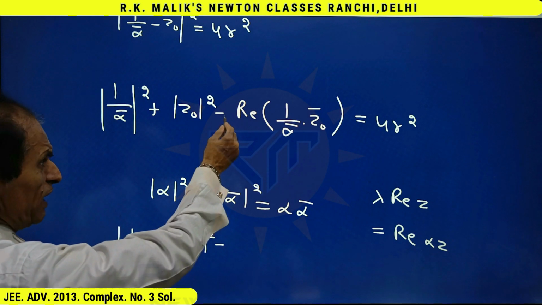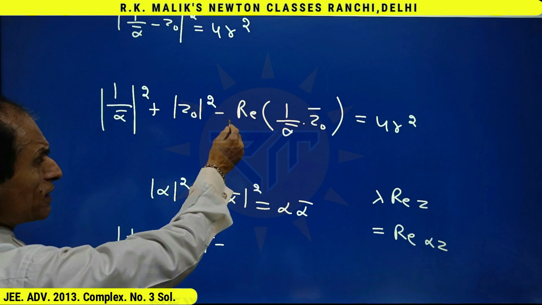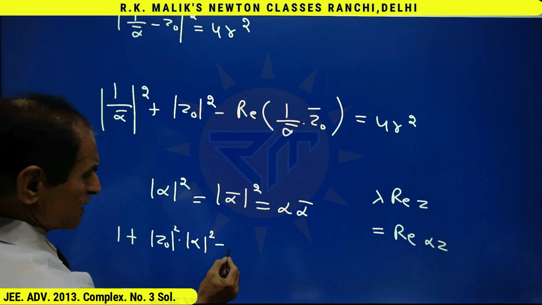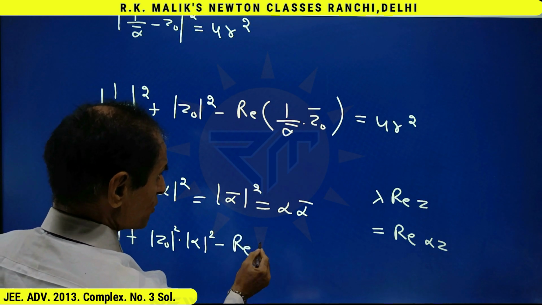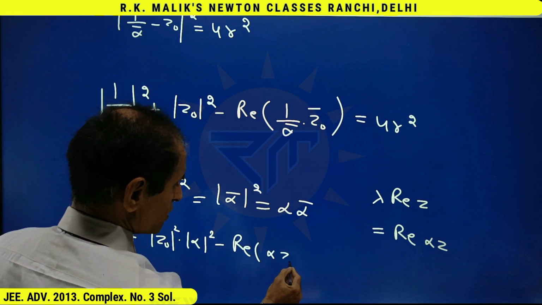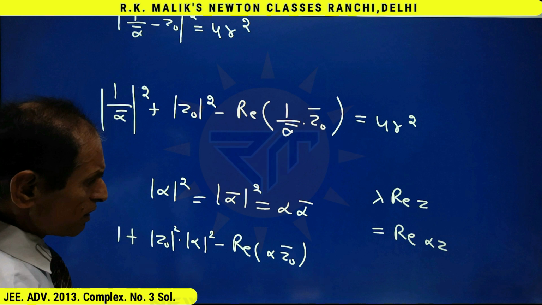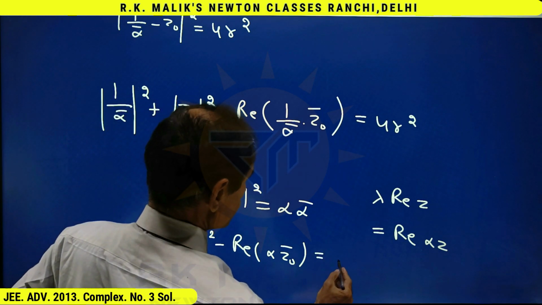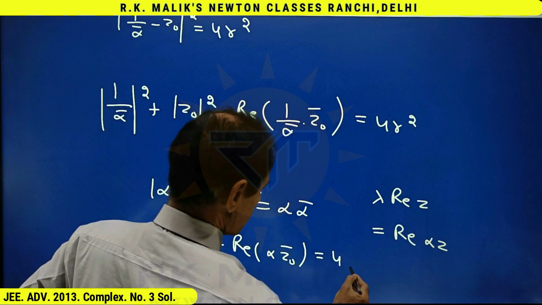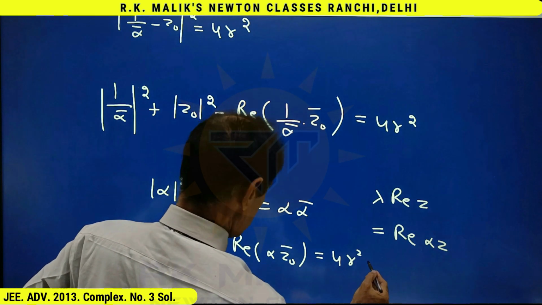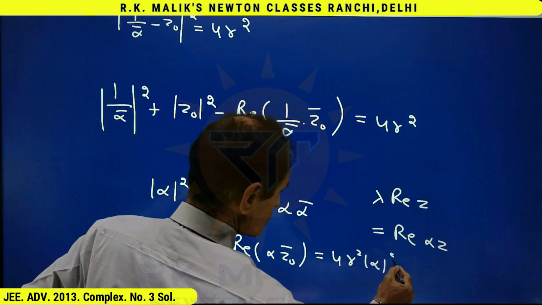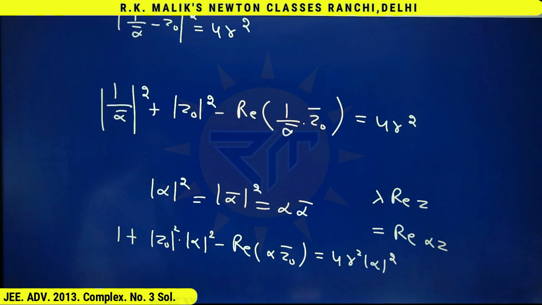Hence, when alpha bar will come outside, it will go inside. I will get real part of alpha z0 bar equal to 4 r square into mod alpha square.